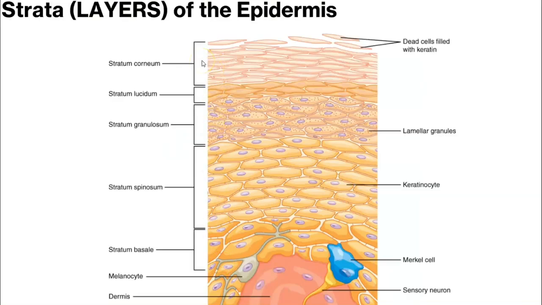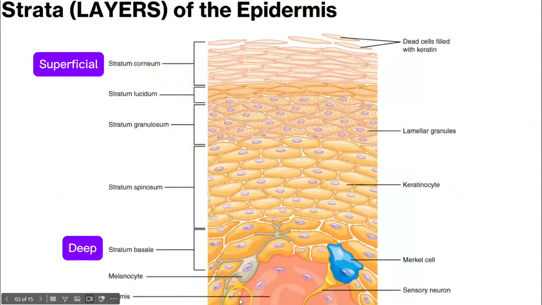And when you're taking the test, make sure you read the question, because if the question asks you to list the layers of the epidermis from superficial to deep, we're starting at the stratum corneum, and then going to the deepest layer, which is the stratum basale. So make sure you read that question very carefully.